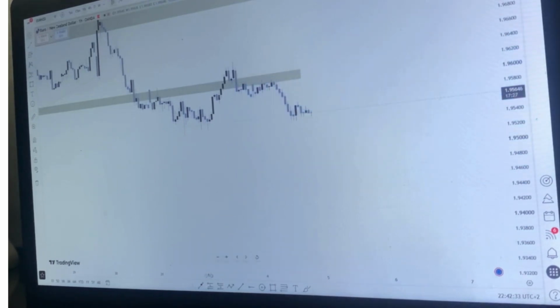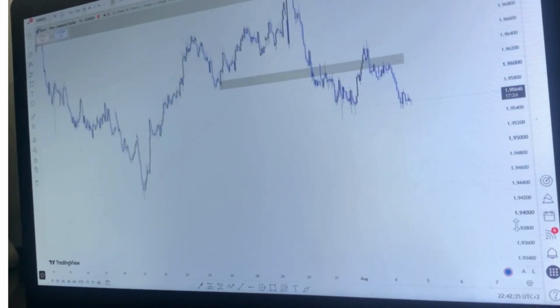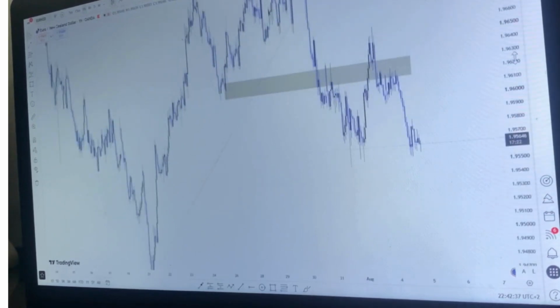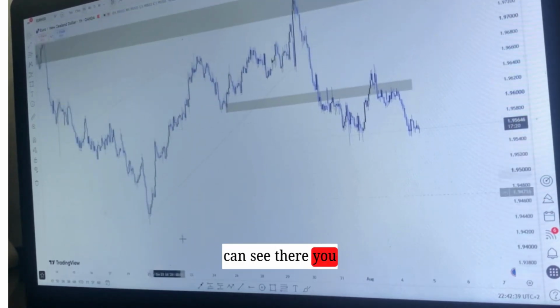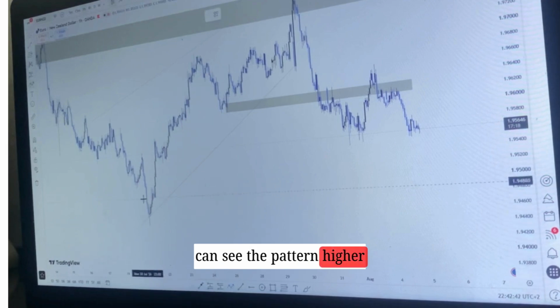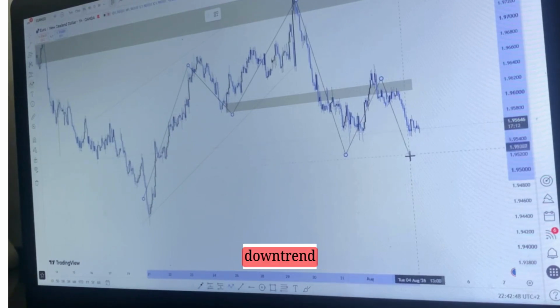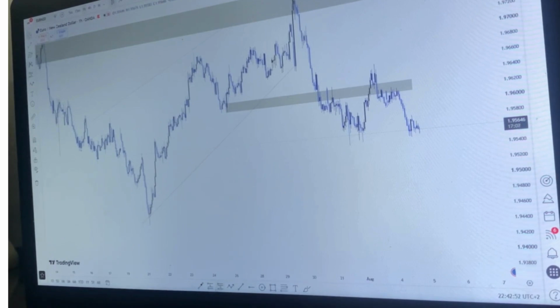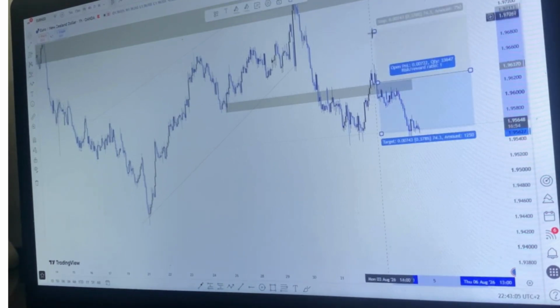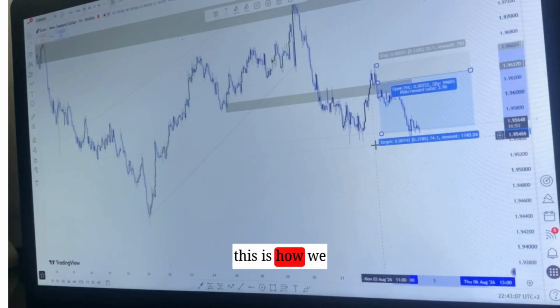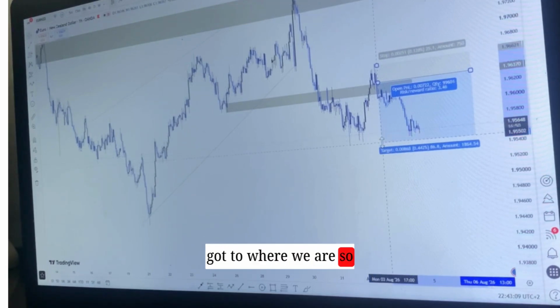You can see there, you can see the pattern. Higher high, higher low, higher high, break structure, come and downtrend. And this is how we got to where we are.